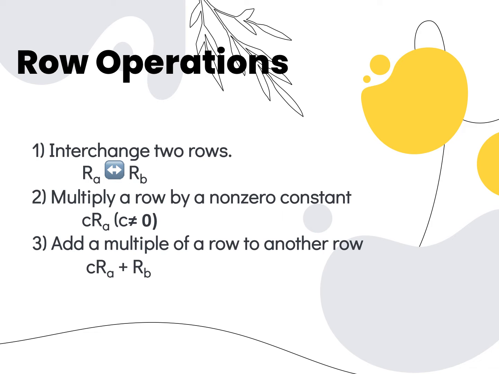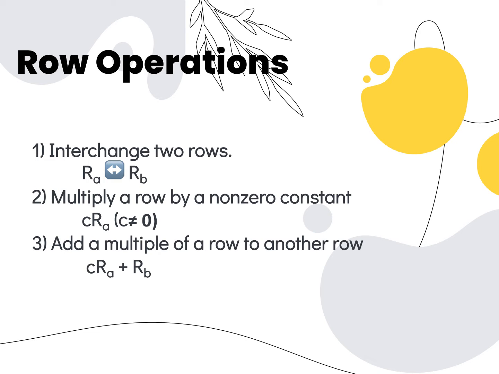We'll also be able to multiply a row by a non-zero constant. So just like we did with the system of equations, when we did the elimination method, remember we multiplied the equation by some non-zero constant to get either the x or the y to cancel. We'll be doing the same thing here, except for when we set up our matrix, there's no variables in it.